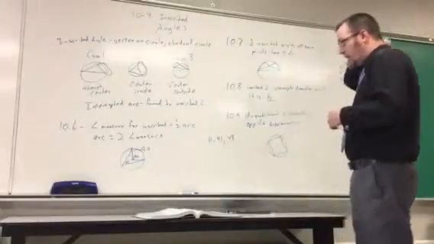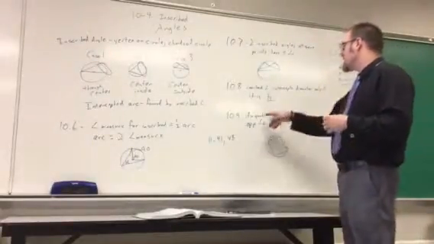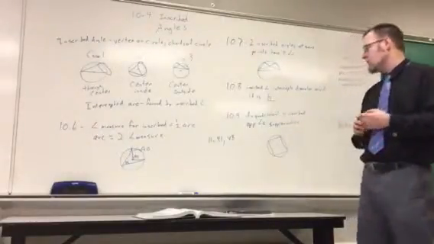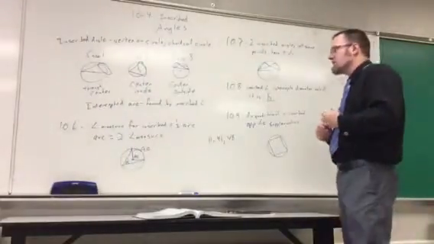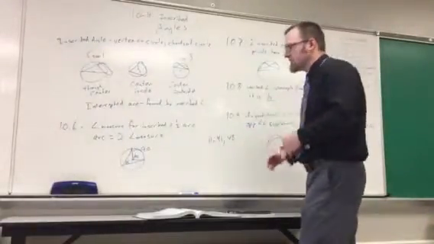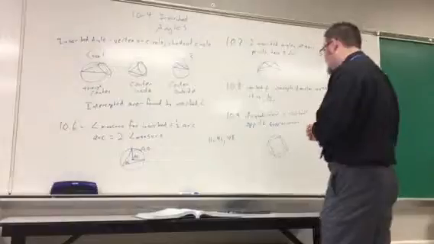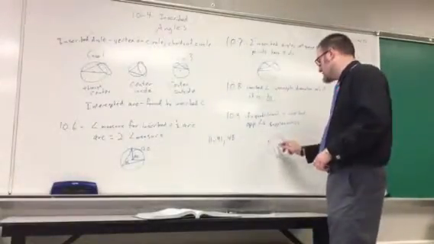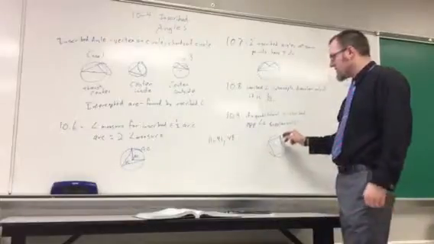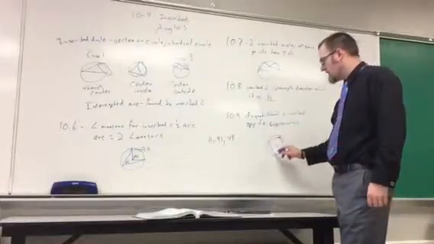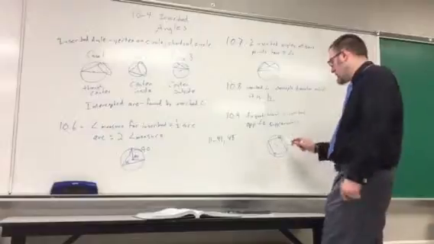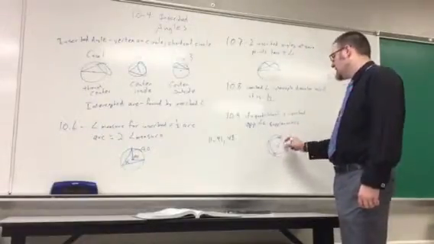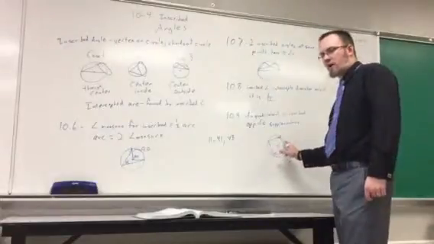And then 10.9, if a quadrilateral is inscribed, the opposite angles are going to be supplementary. So this one goes back to where I'm talking about double. If this diagonal here were to go straight through the middle, then this side would have a 90-degree angle, this side would have a 90-degree angle. If I can make it to where this one comes inside here, then this is containing more than 180.